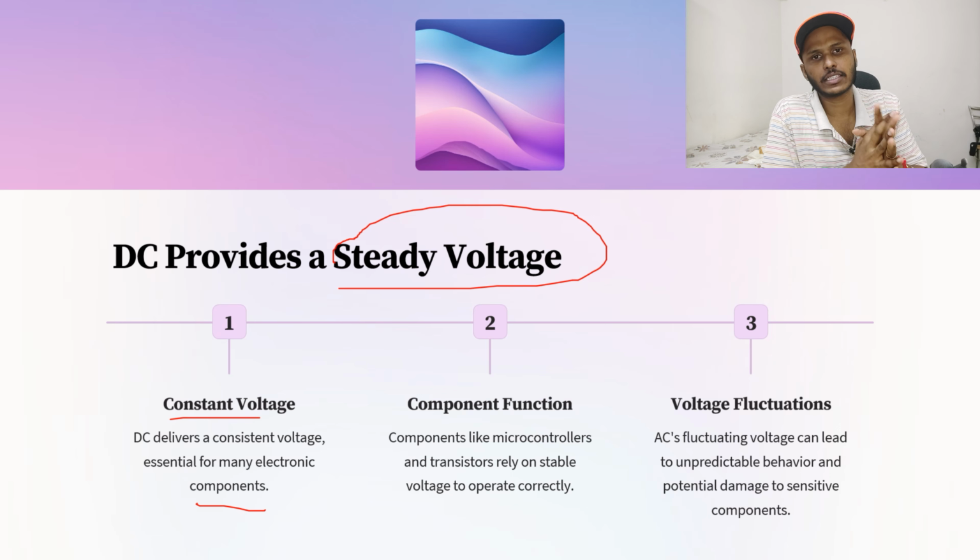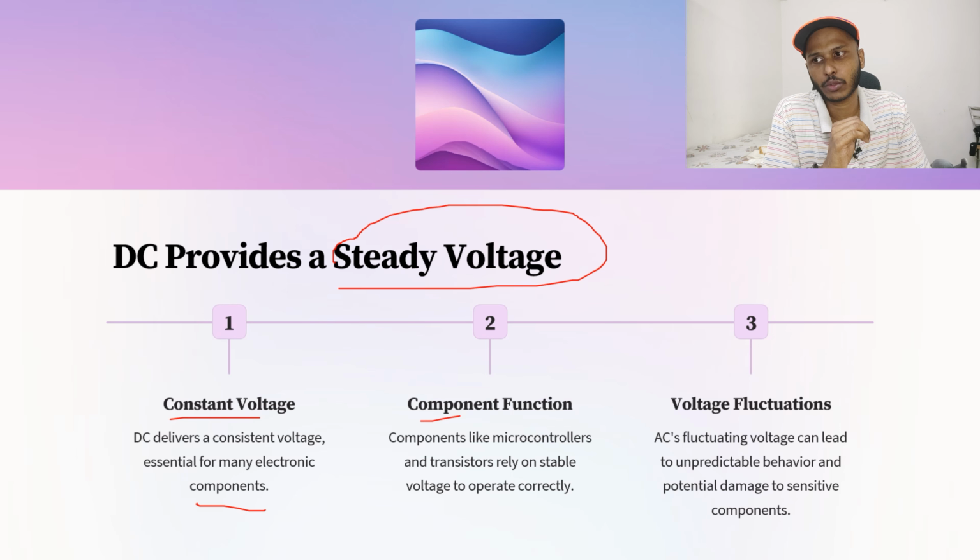All these devices actually work with DC better, or a few devices are only compatible with DC. So whenever we use AC, we need to convert to DC wherever we want to use a capacitor or resistors or whatever it is. For any electronic components we need that constant voltage.